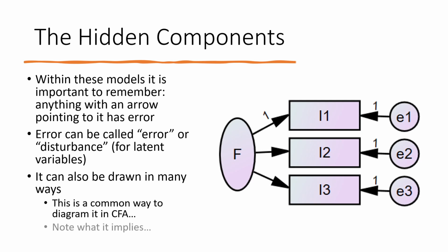And again, what does this really mean, that the error term is pointing to the item? Well, what this really means is that within the factor, for the item score, the reason I'm responding to the item, well, I've got the factor contribution as to why I'm responding to the item, but I also have the error contribution. And based on our previous discussion, errors are really everything else in the model.